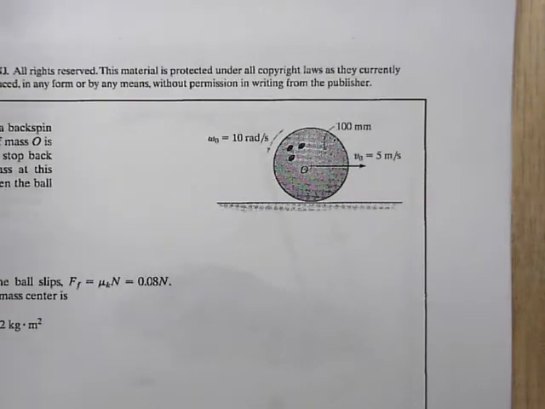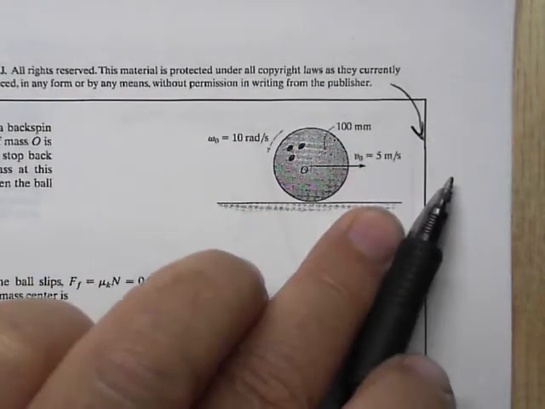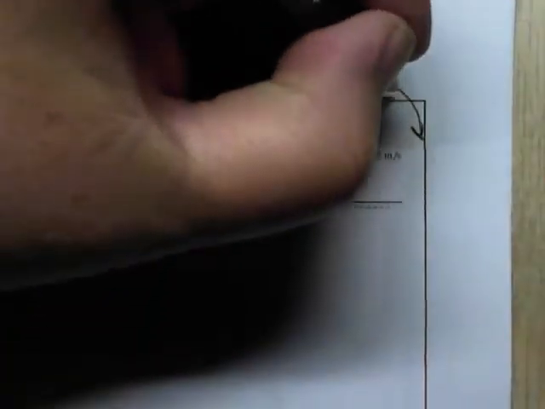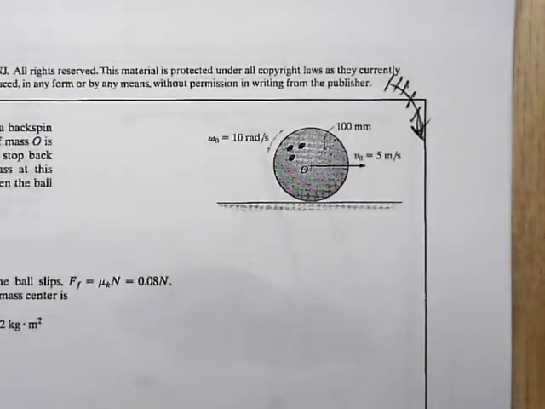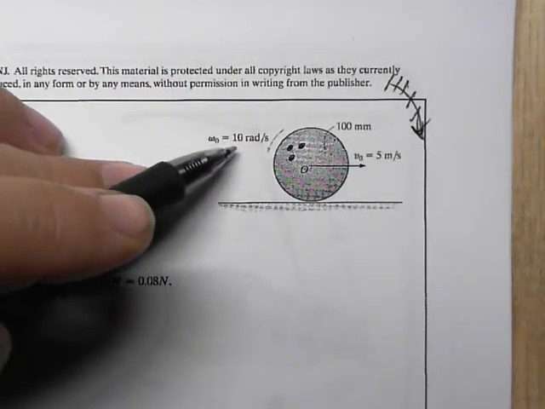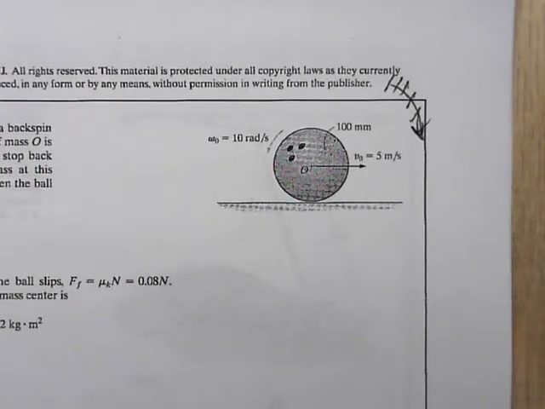So we have a bowling ball traveling to the right, but rather than rotating in a coordinated manner, such as traveling to the right and rotating clockwise, we don't have that at all. We are rotating with backspin, and a backspin omega of 10 radians per second. So we're traveling forward but rotating with a backspin.